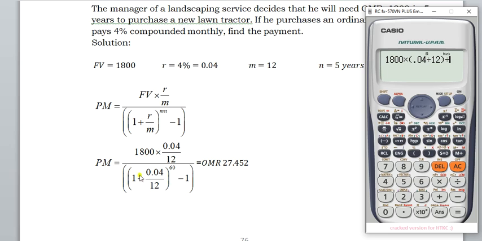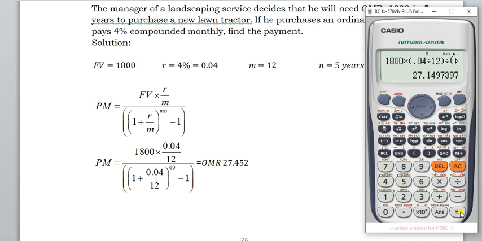Here we have to open two brackets: 1 plus 0.04 by 12, close bracket, power 60. Then you have to come down, then minus 1, close bracket, close the second bracket.